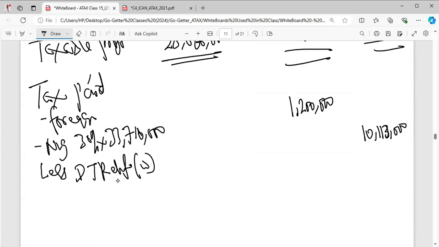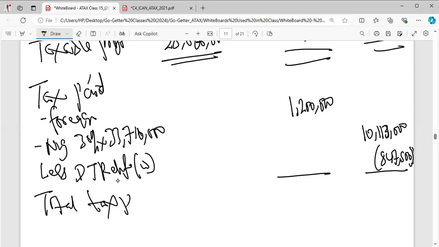So you will say total tax payable. This one will be 1,200,000 here. This one will be less the double taxation.